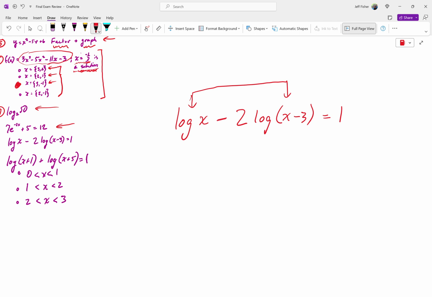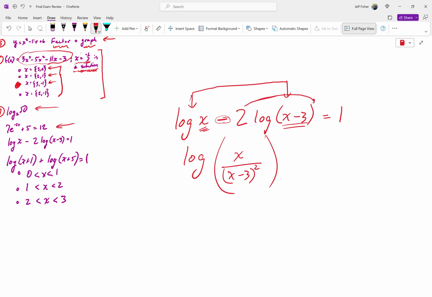And logarithms turn subtraction into division and addition into multiplication. So because we see this subtraction, we're going to be able to rewrite this as the log of a big quotient. We're going to turn the subtraction into division, right? And so it's going to be x divided by x minus 3 with the 2 as an exponent, because the coefficient comes back in like that.